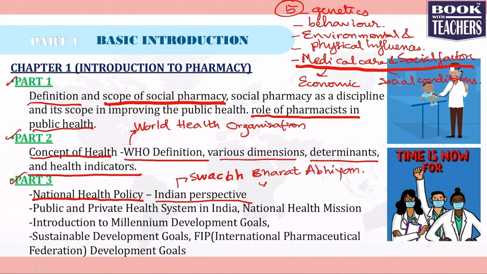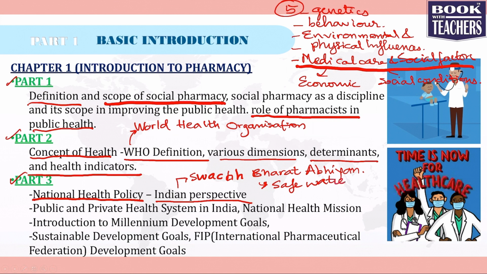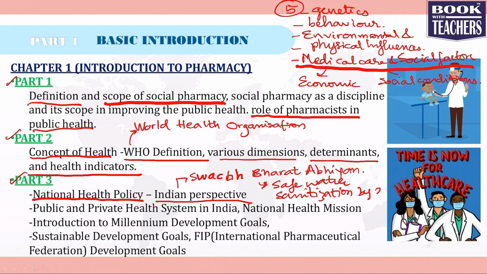One was obviously to keep India clean, correct? But another was to provide safe water and sanitization by 2020 to everyone. So this you can say is a national health policy. Just like this, there are various national health policies which we'll be learning about.